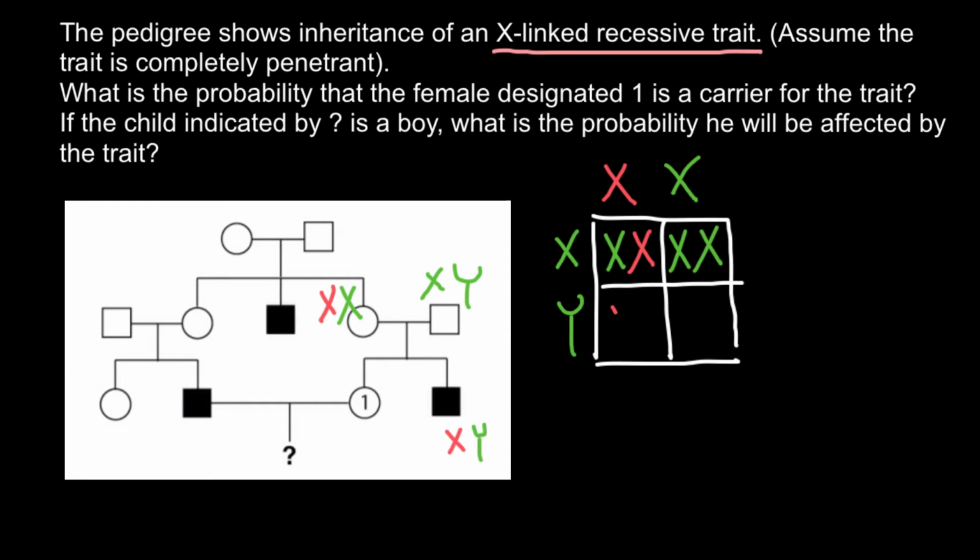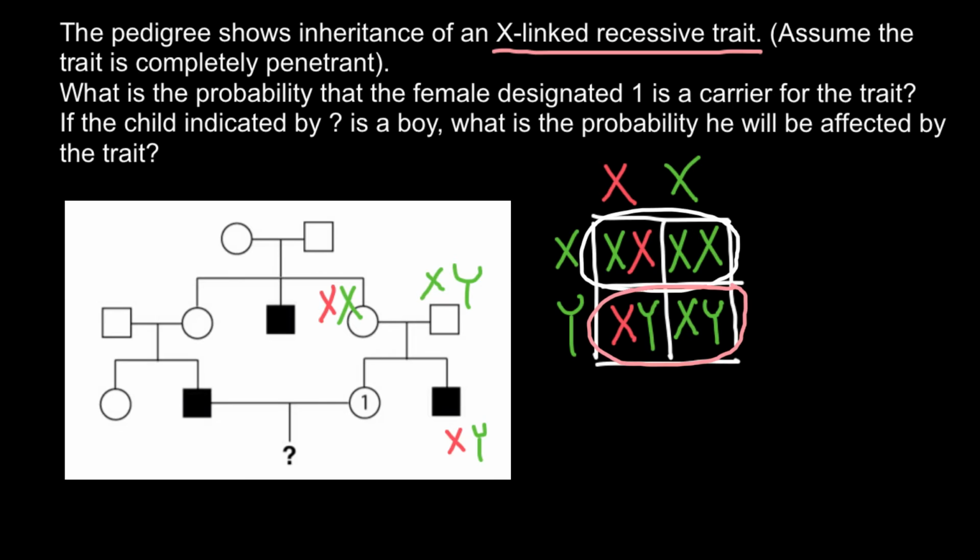And in this cell we have a defective X chromosome from the mother side and a normal Y chromosome from the father side, normal X chromosome from the mother side, and normal Y chromosome from the father side. As you see, 50% of the progeny would be females, and another 50% would be males.